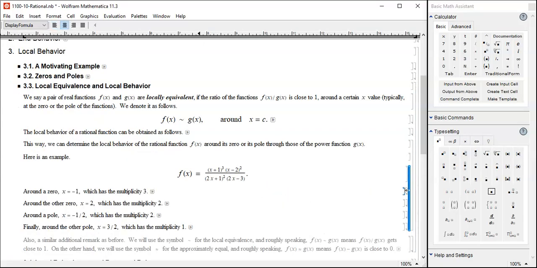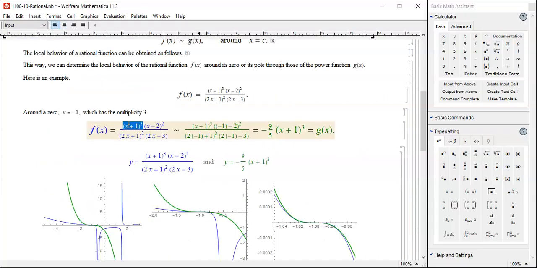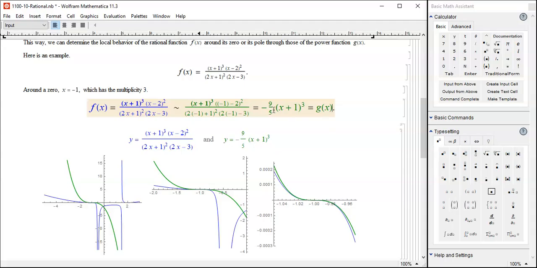Around x equals negative 1, keep this one, and then to everything else, plug in x equals negative 1, we get this power function shifted a little bit. So it's a cubic function. As you can see, locally, we have the same local behavior. In large scale, they do not have any semblance, but locally they do.